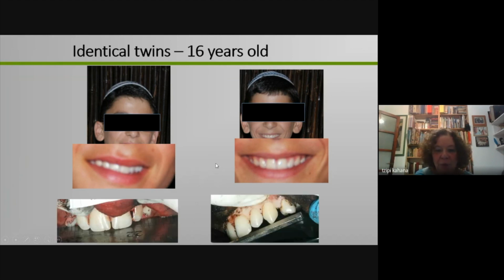So we check with the cadavers, and we see that one of the victims has one large central incisor with a very small lateral incisor, and the other has one large central incisor with a normal sized lateral incisor, with a normal sized canine and a tiny little canine.